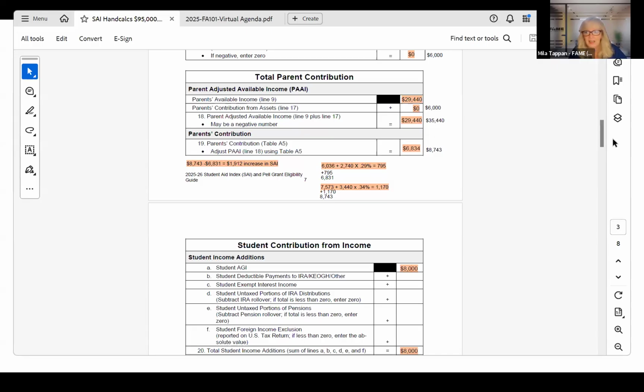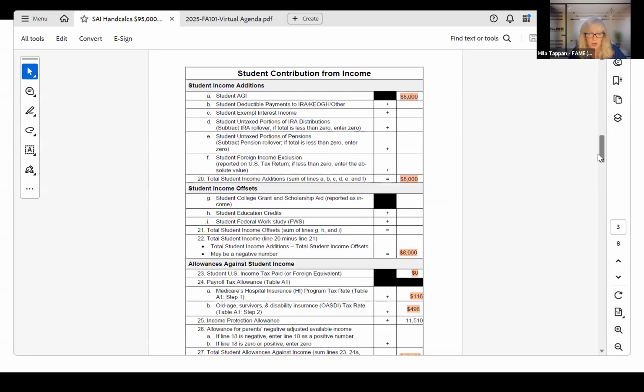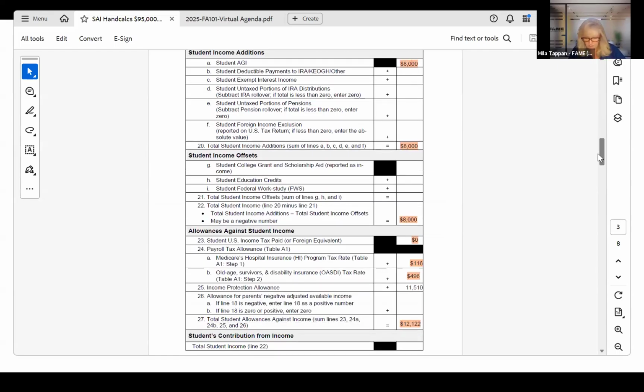Okay? Now let's talk about the student contribution from income. For the students, we are going to say this student had an adjusted gross income of $8,000. They did indeed file taxes. One thing that we mentioned briefly in the CSS profile section is that with the new changes to the FAFSA, if a student doesn't file taxes, they do not provide any income information on the FAFSA anymore.